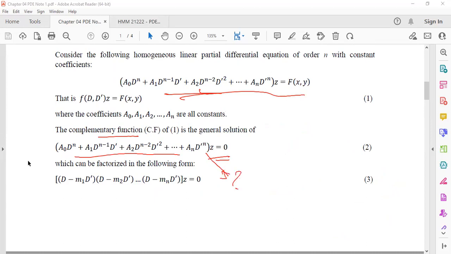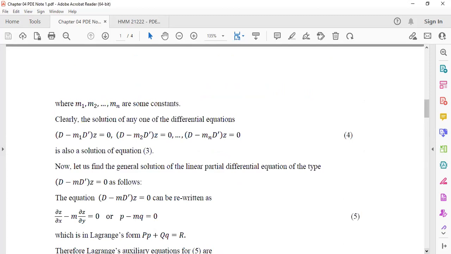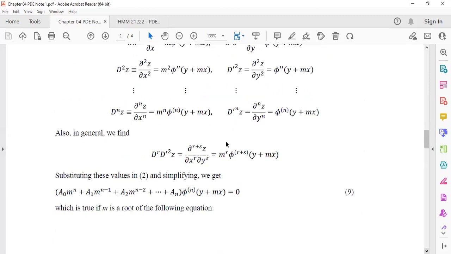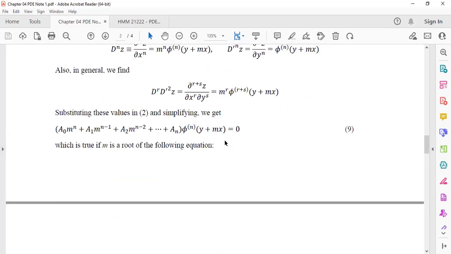Let's substitute these and see what we get. Whatever the D terms and D' terms, they are substituting these values. So a0 m^n, a1 m^(n-1), you just substitute these again in equation number 2 and see whether you get this equation.